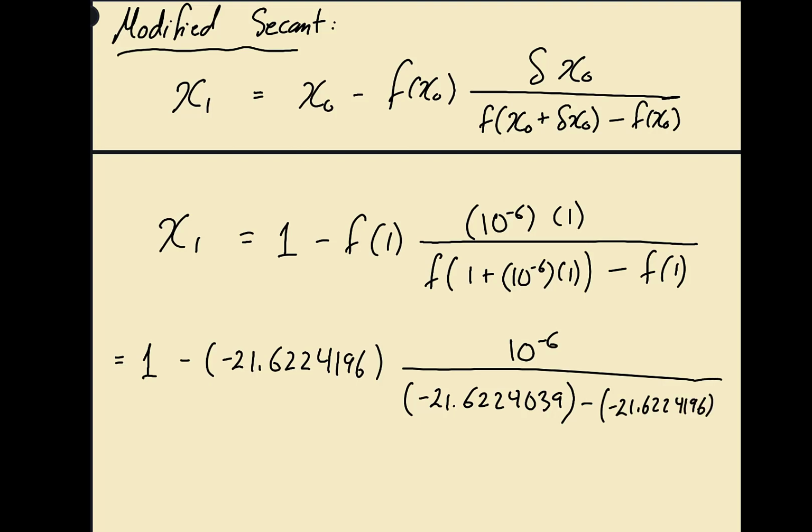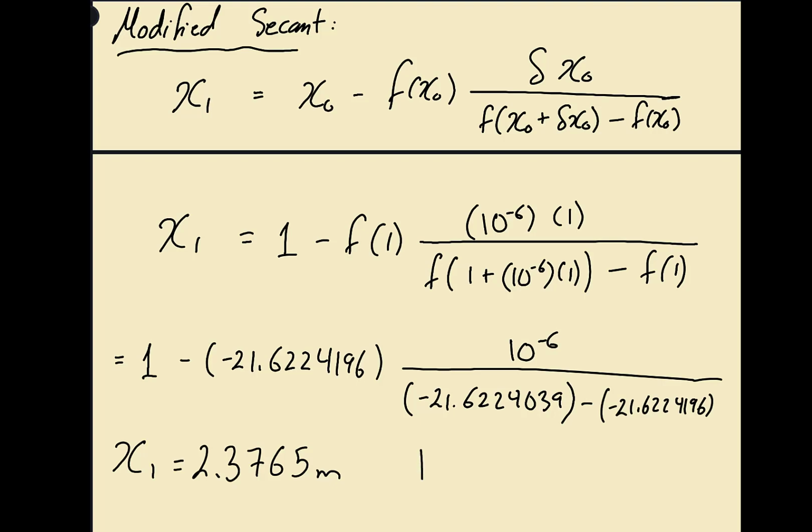You do the math, you're going to find that x1 is 2.3765 meters. So that's the estimated depth of the water in the tank where the volume would be 30.